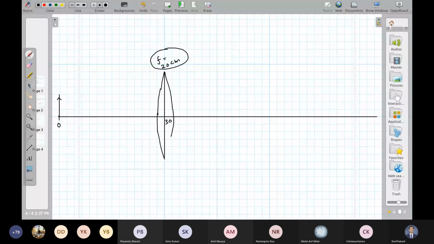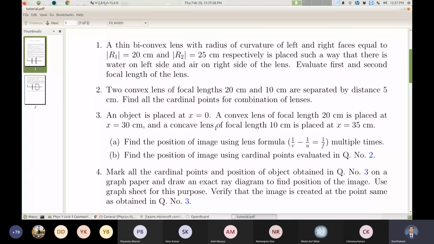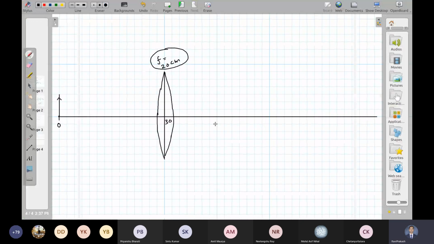Then we have a concave lens of focal length 10 centimeter at x is equal to 35. 35 means very close to 30. Let us say here we have that concave lens. So this is the concave lens. This is thick.